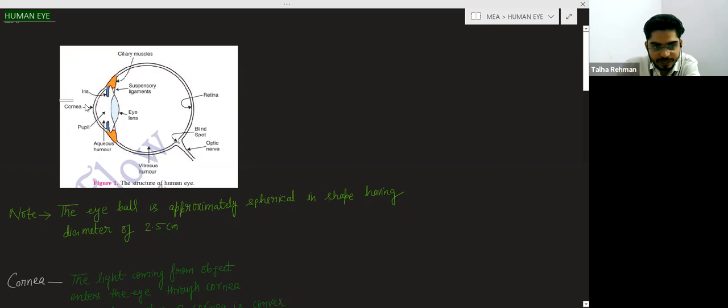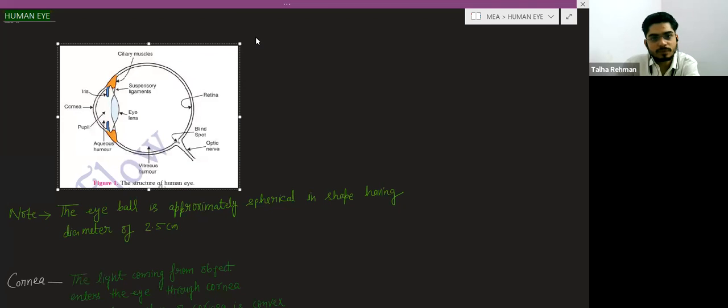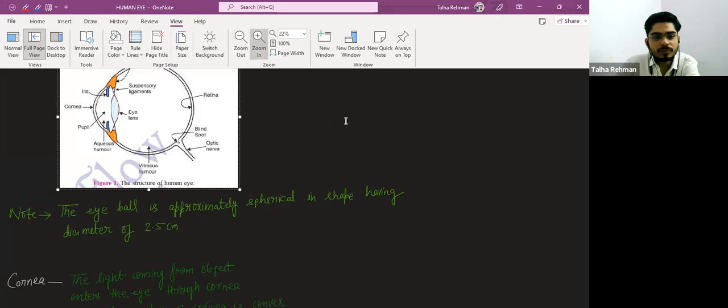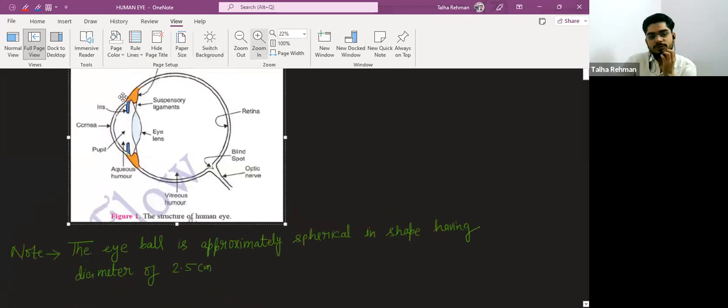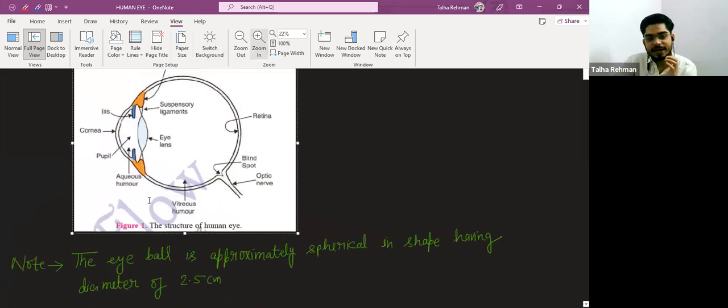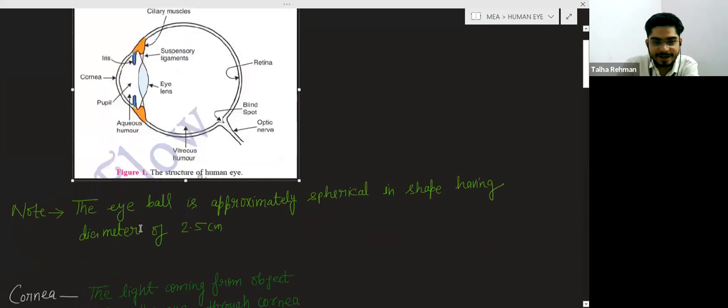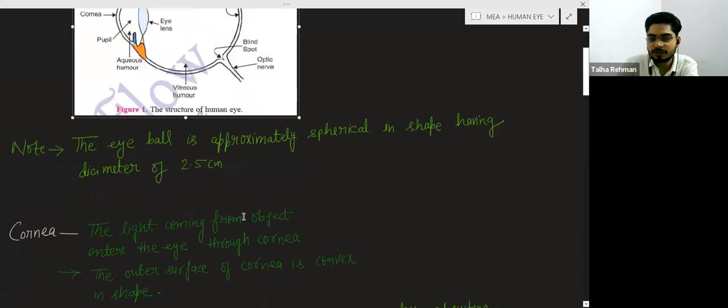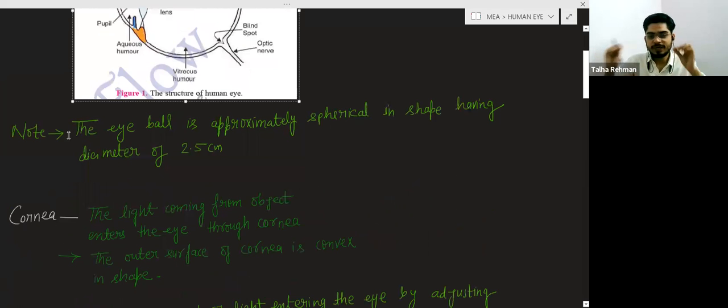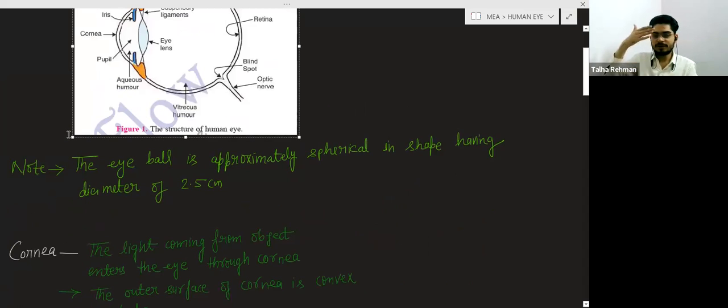Now the first thing is the cornea. This is the cornea. Here the light coming from the object enters the eye through the cornea.